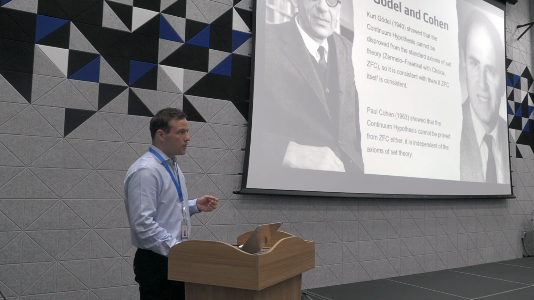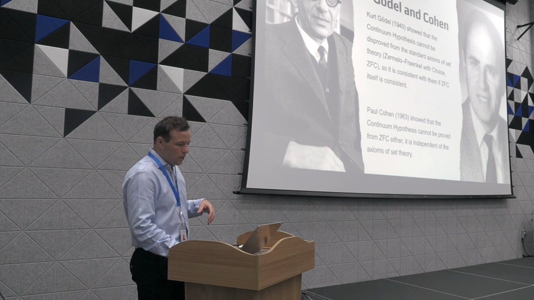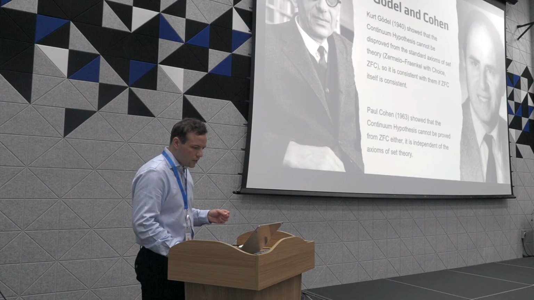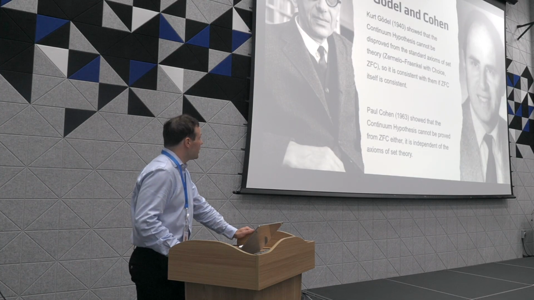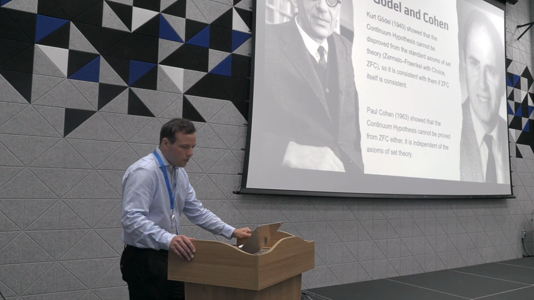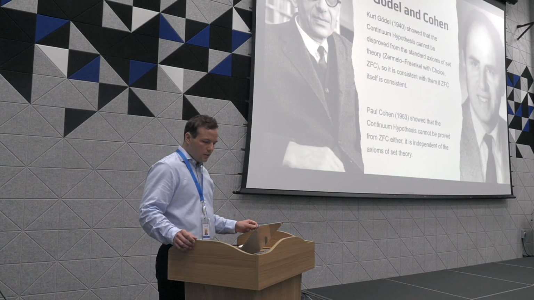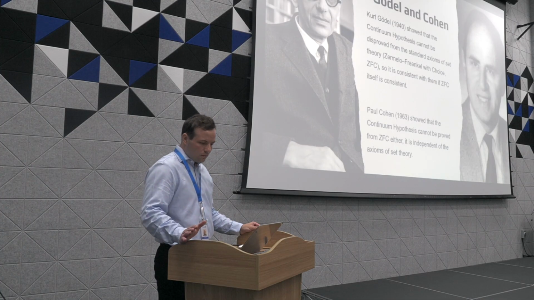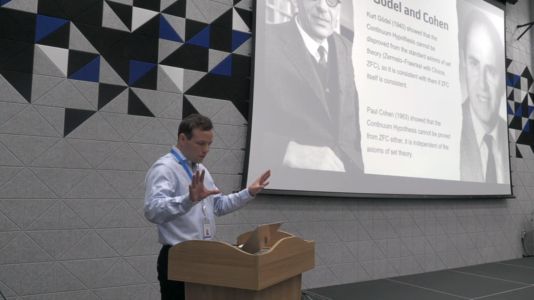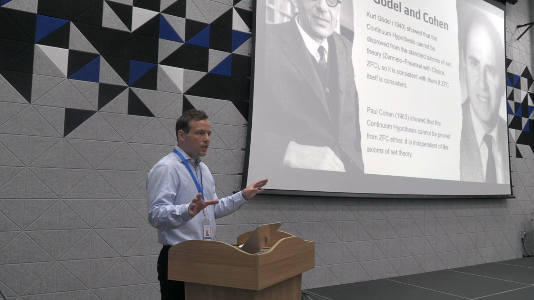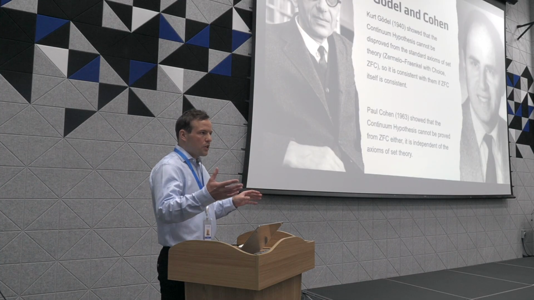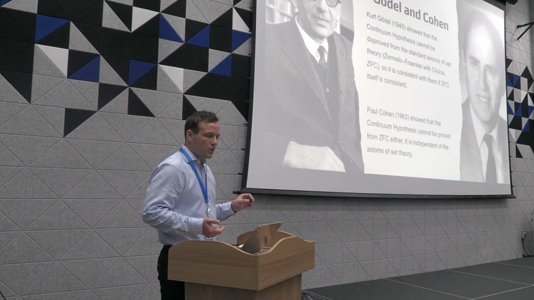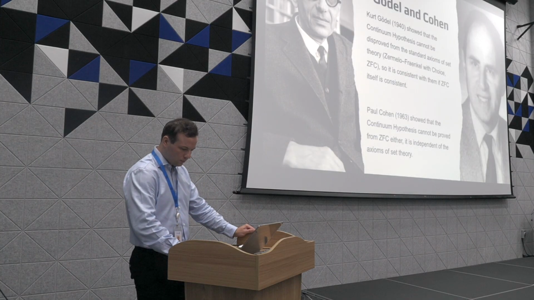And later in 1963, Paul Cohen showed that it also cannot be proved within the standard axioms of set theory. So in some sense, the continuum hypothesis is independent of the axioms of set theory. But in short, we have these two infinite sets, they have different cardinality, and we can't prove or disprove the existence of anything sitting strictly in between.